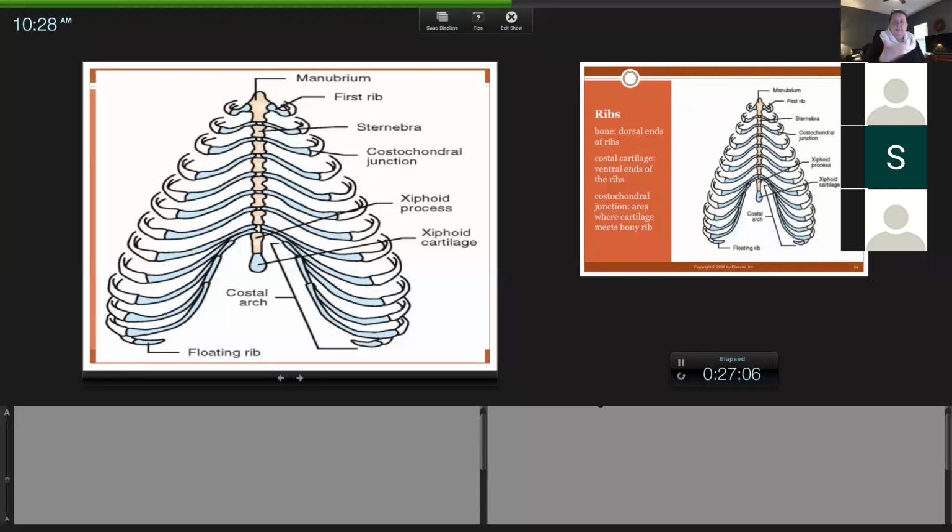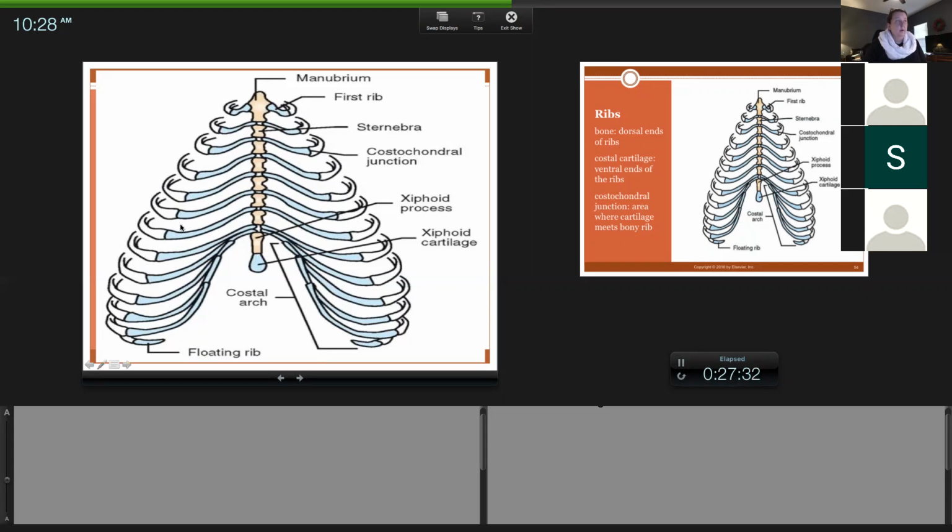I can't tell you how often I'm teaching about a surgical procedure or how to clip a dog, and a surgeon will say, I'm going to make my approach 2 centimeters caudal to the xiphoid. Well, if you don't know what the xiphoid is, then how are you going to know where to clip? So the xiphoid and manubrium are used as landmarks, sometimes for x-rays, surgical procedures, and whatnot.